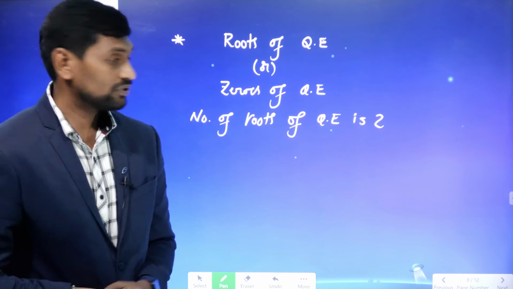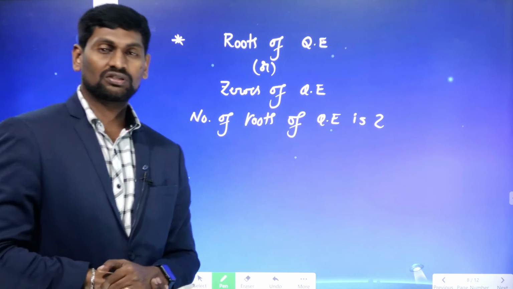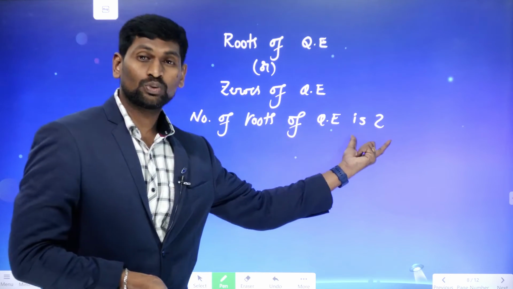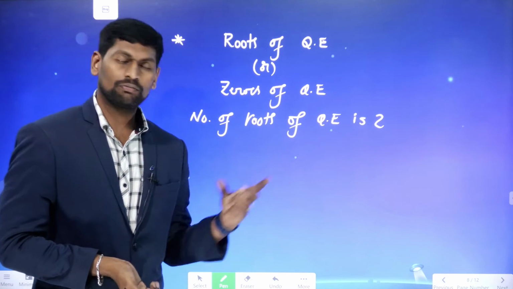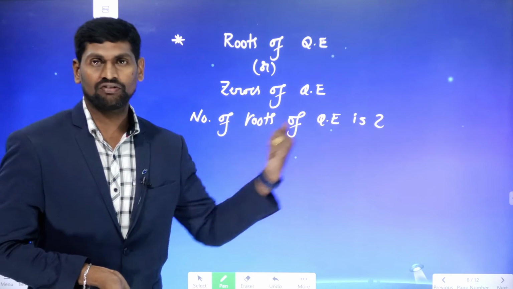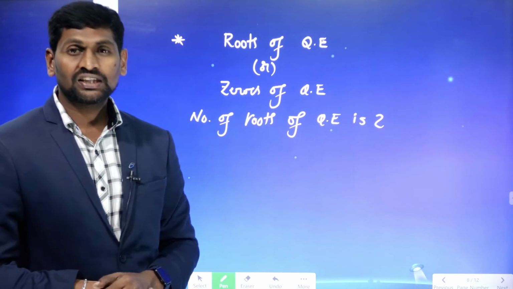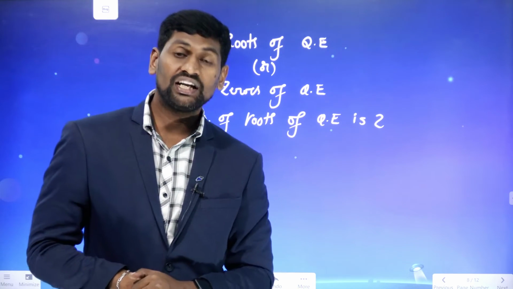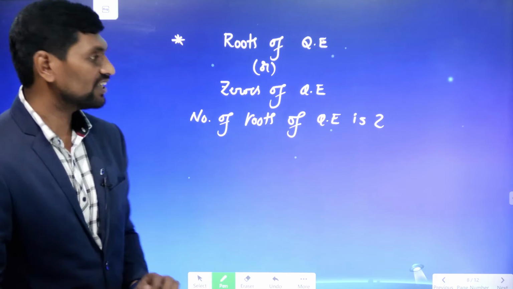Two roots means 2 different values. If you get more than 2 different answers, then that quadratic equation becomes an identity.